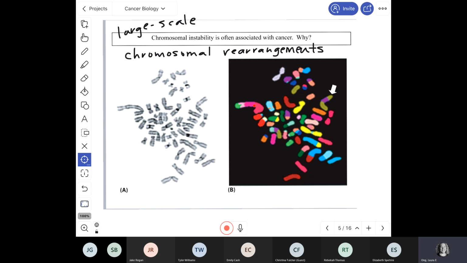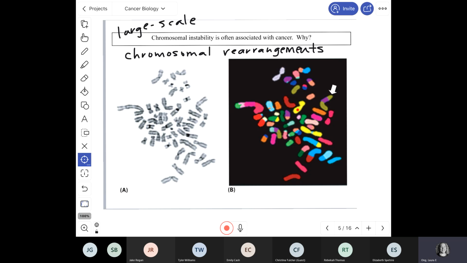So when you look over here, each one of these chromosomes has been given a false color. And if you counted these up, there are 23 colors for the 23 pairs of chromosomes. And when you see that there's two or more colors on one set of chromosomes, it's a chromosomal rearrangement.